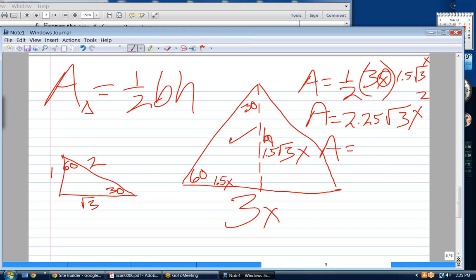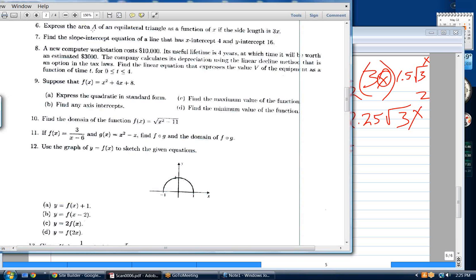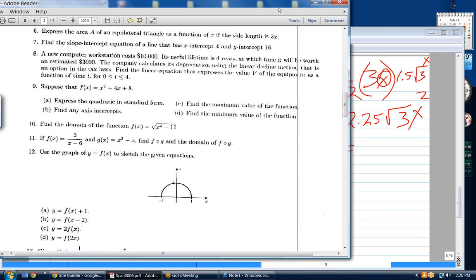I guess we'll just have to go with that. Well, just because it's a function of x squared, that's still a function of x. So we did solve the problem, which was to express the area of an equilateral triangle as a function of x if the side length is 3x.